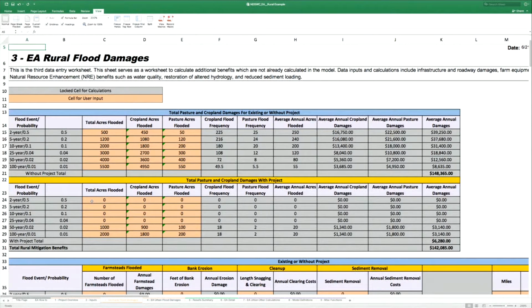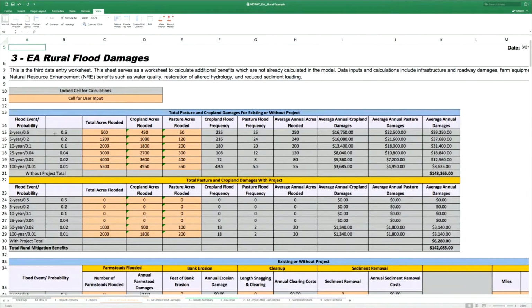Under each of these different subsets, you've got to enter data for your existing or without project condition and then your with project condition. The example Jay and I went through here assumes there are acres of pasture and cropland that are flooded. 90% of those are cropland, 10% are pasture acres.